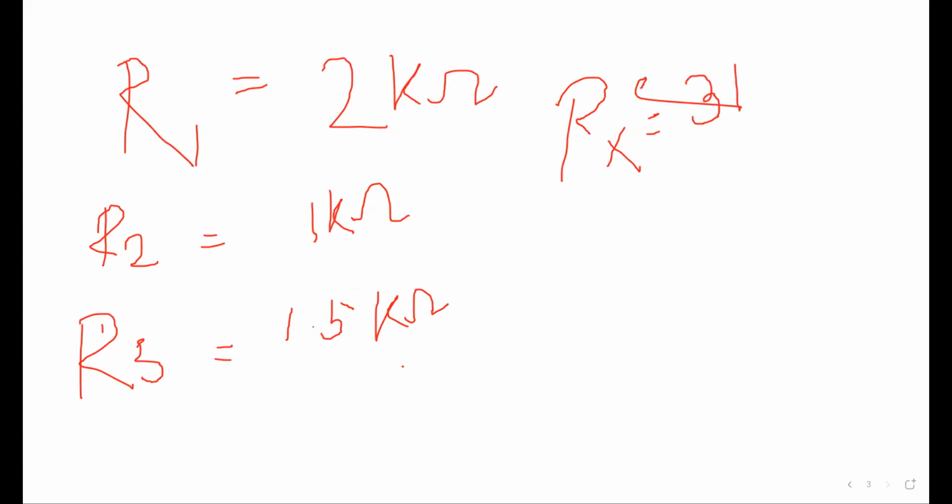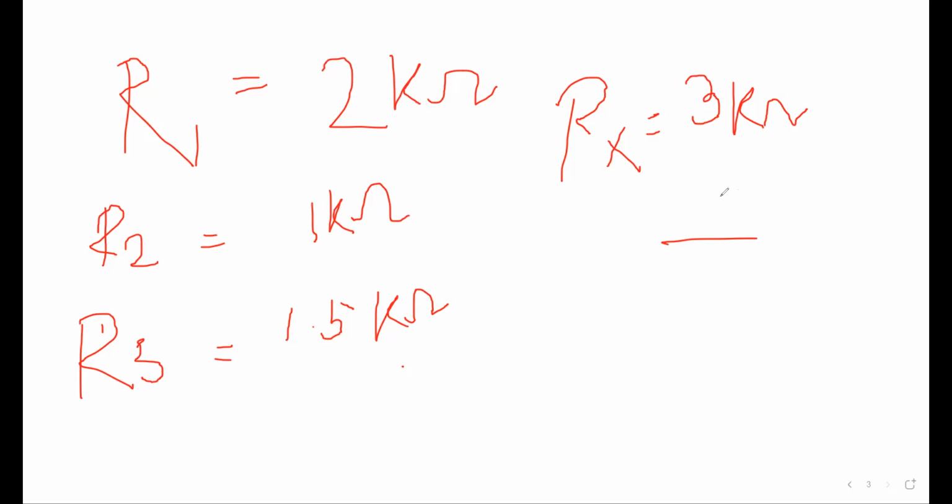So I have provided you 4 values. Now you have to prove that the bridge is in balanced condition. You will do the proof at your home and let me know, yes ma'am, this proof we have done. That means the formula you know, R1 by R2 equal to Rx by R3, that kind of formula you have to use, and prove that the bridge is in balanced condition.